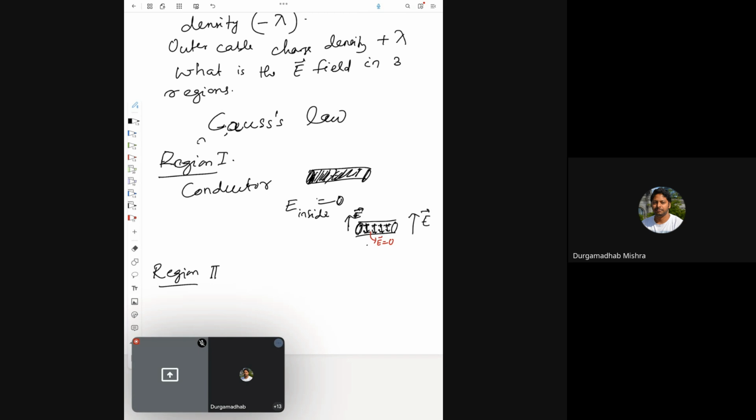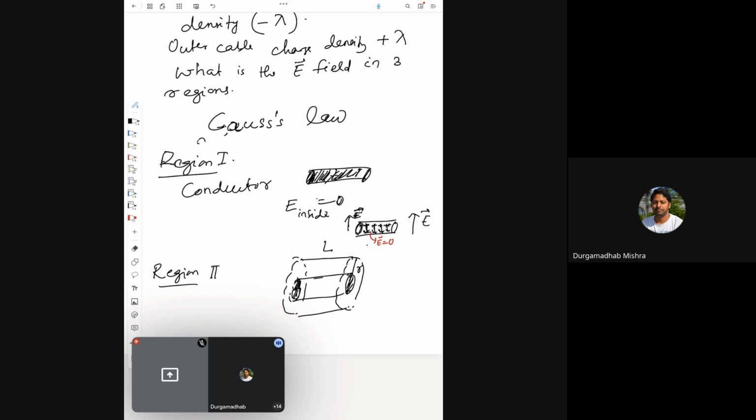So in that case, we will draw a Gaussian surface which has a length L and radius r. Okay, so this is not the same as the outer cable. It is a different Gaussian surface. What is it?